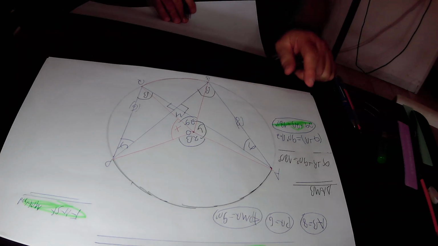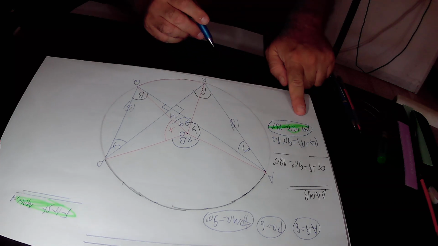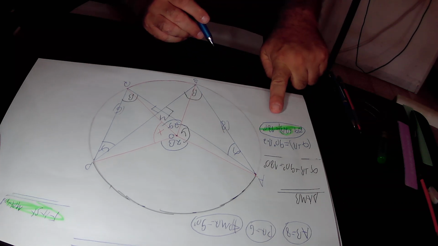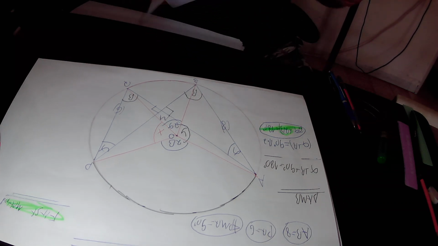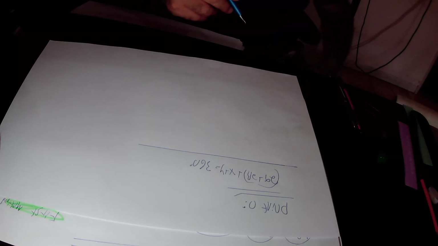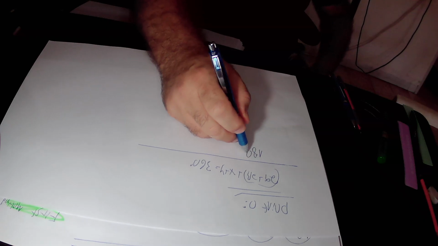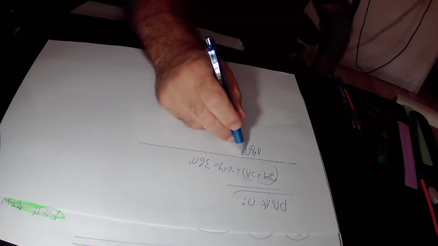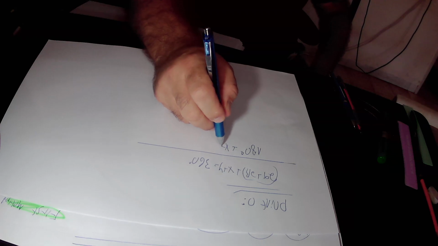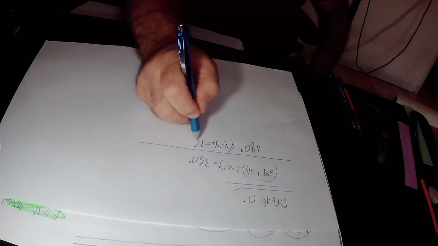But we already found out that 2 alpha plus 2 beta equals 180 degrees. Therefore, we can substitute 2 alpha plus 2 beta in this equation by 180 degrees. We get 180 degrees plus x plus y equals 360 degrees.